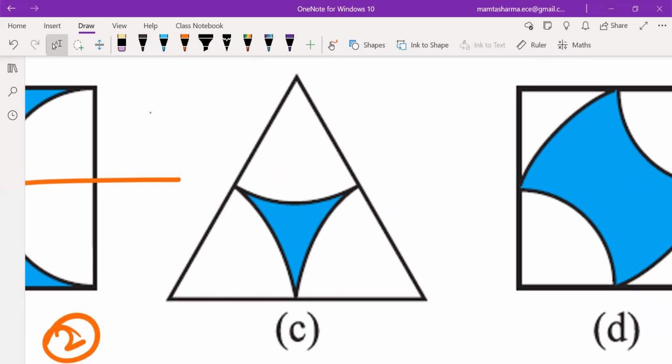Horizontal, vertical, or crossed one. Tell me. Ma'am, I think it's gonna be vertical. If you draw the vertical, are they equal? Yes, ma'am. And other than this?